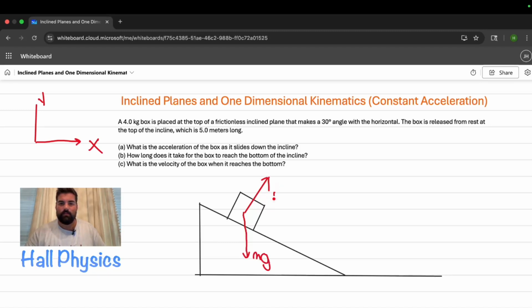Okay, so this is our normal force, or F of n. Then we have a gravitational force that is pulling our box down this incline. So that will be going in this direction right here, in the positive X direction. We can call that F of G.